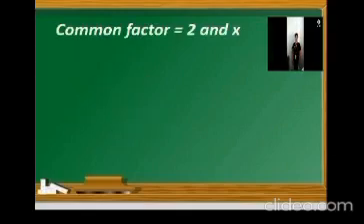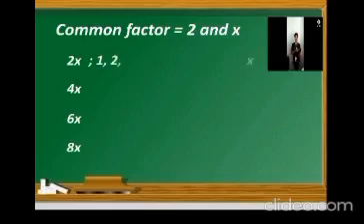Let's have another example. We are going to find the common factor of 2x, 4x, 6x, and 8x. So, the factors of 2x are 1, 2x, variable x. The factors of 4x are 1, 2, 4, and variable x.